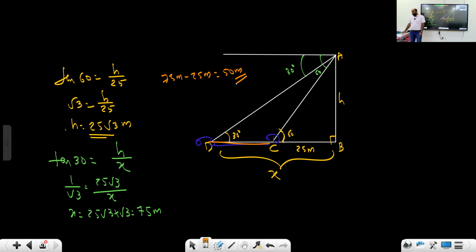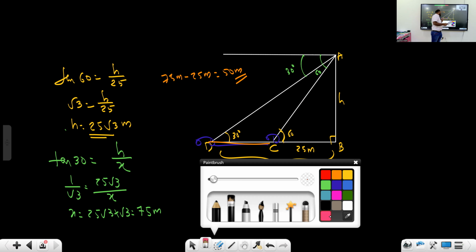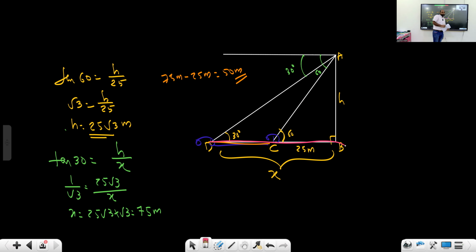What's the next question? Find the total time taken by the car to reach the foot of the building from the starting point. Now they're asking total time taken, from here to here.